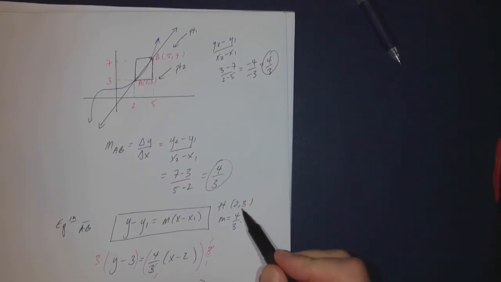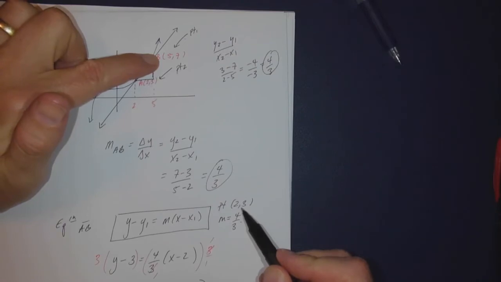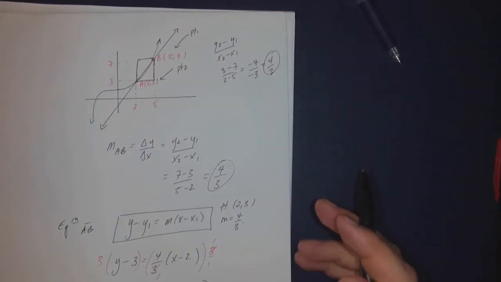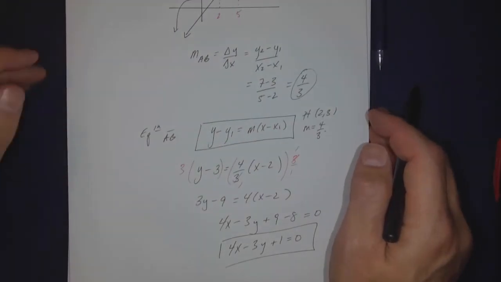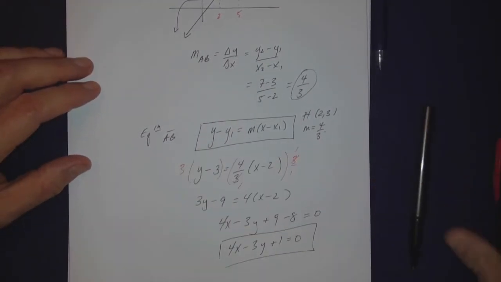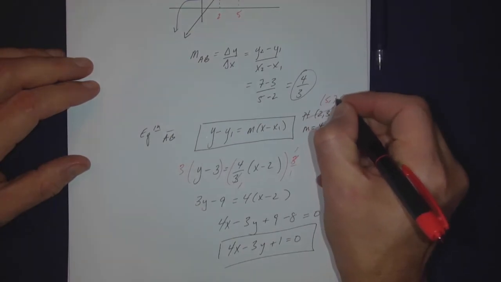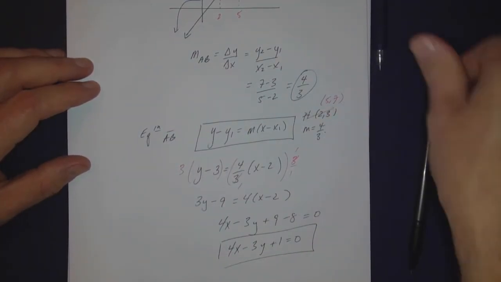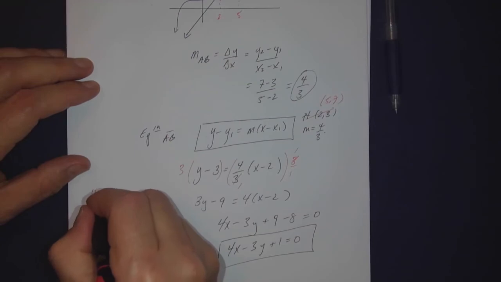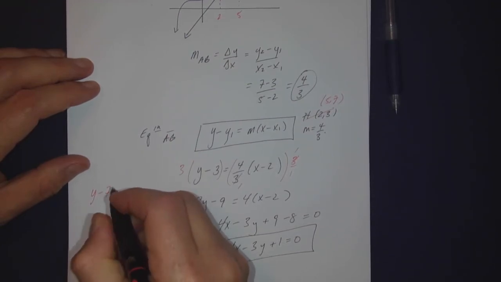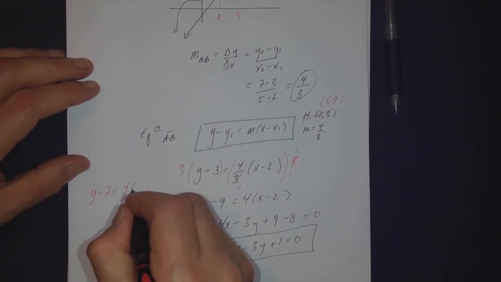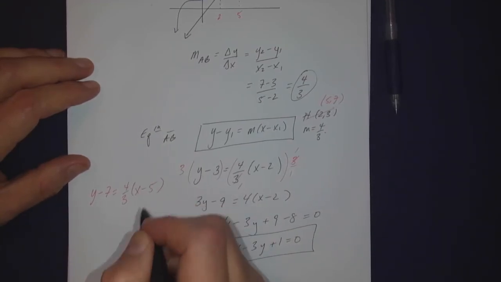Also, it wouldn't have mattered if I used the other point on the line, and everything here would have worked out just the same. Maybe I'll do that just to prove it to you. So instead, let's use the point 5, 7. So that means that it would be, I'll use the red, so it'll be y minus 7 equals 4 over 3, x minus 5.